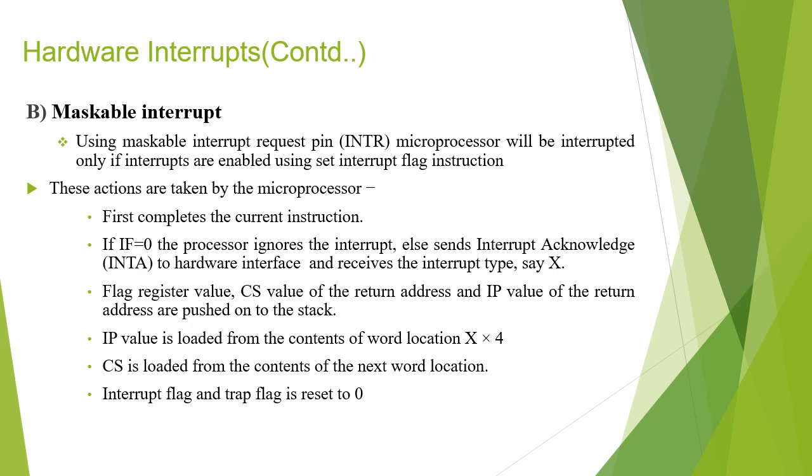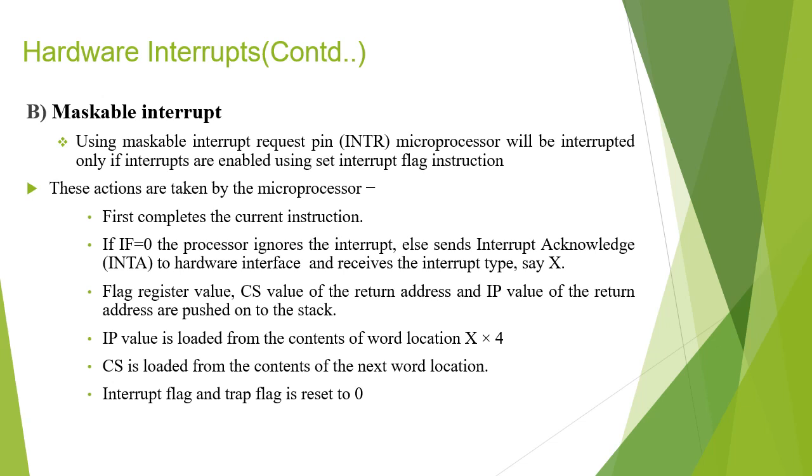Next one is maskable interrupt. As we discussed in the previous slide, it has lesser priority than NMI. Again, it will act once we get an interrupt from the INTR pin. It will first complete the current instruction, and then check the interrupt flag.